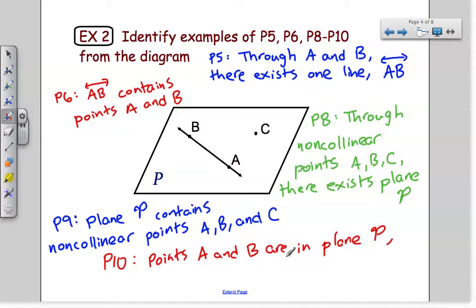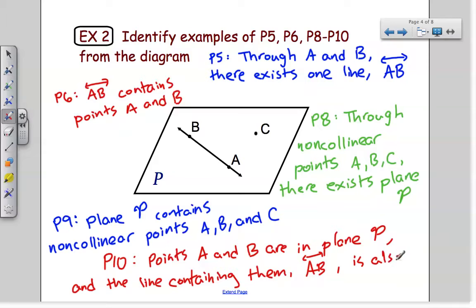So points A and B are in plane P, and the line containing them, which is line AB, I have to say is also in that plane. Excellent. So we did an example of all the postulates that we did not identify in the previous example.